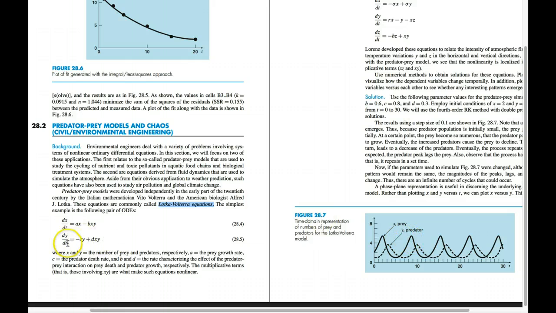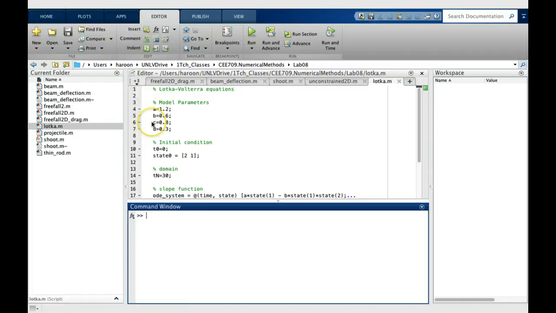And so deer are prey to tigers, and tigers need to eat deer to sustain themselves. So the population dynamics of those two species can be related through this kind of a system of differential equations. So we will implement this system in MATLAB using ODE45.